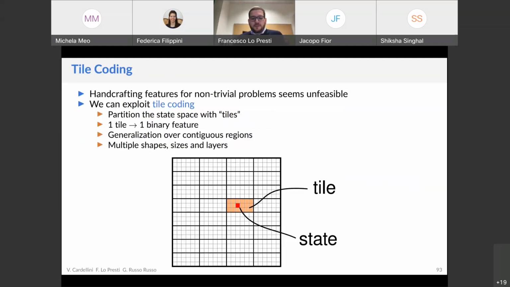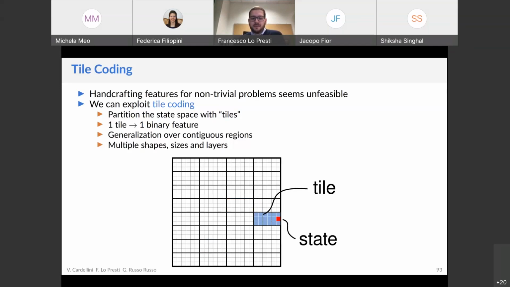So designing features is often a complex problem because we need to use domain expertise to handcraft features. There are some techniques that provide us some guidelines for feature definition. So for example, we can exploit tile coding. According to this technique, the idea is to partition the state space with tiles. So tiles cover a region of the state space, so they cover multiple states.